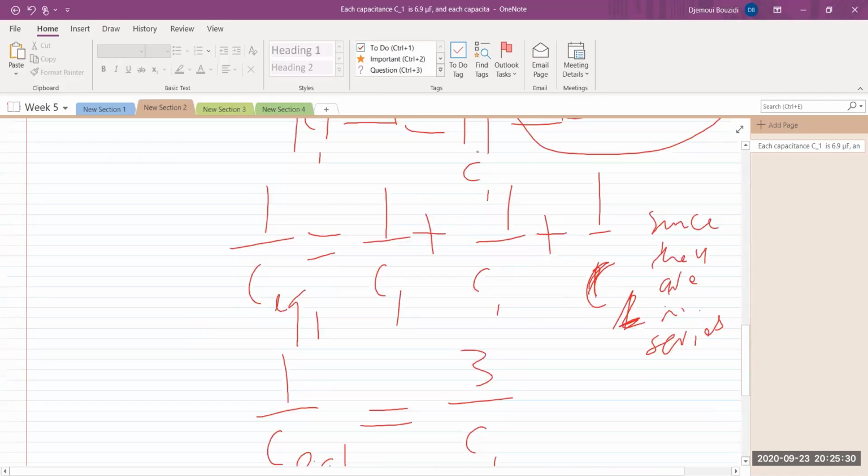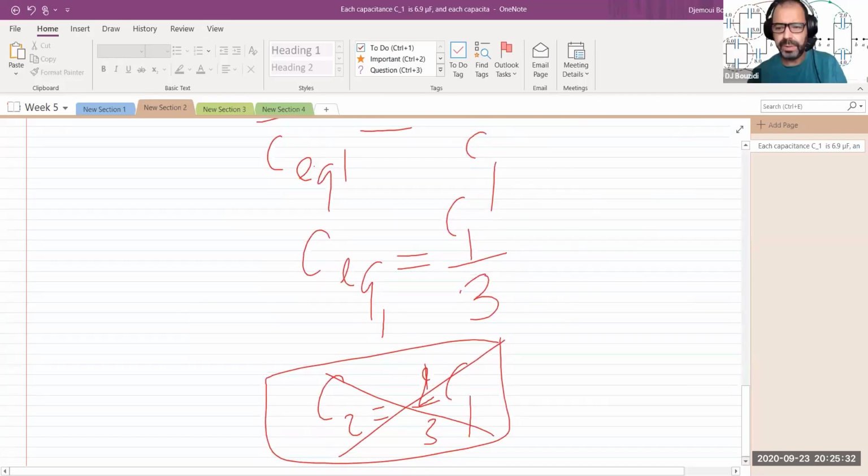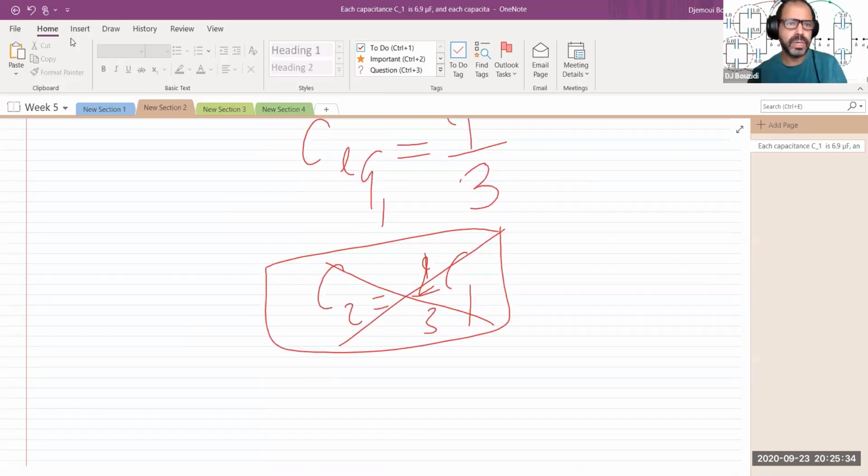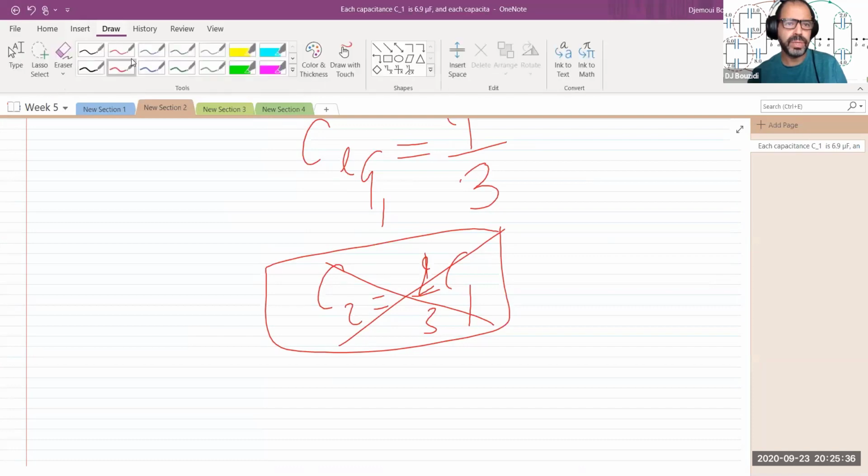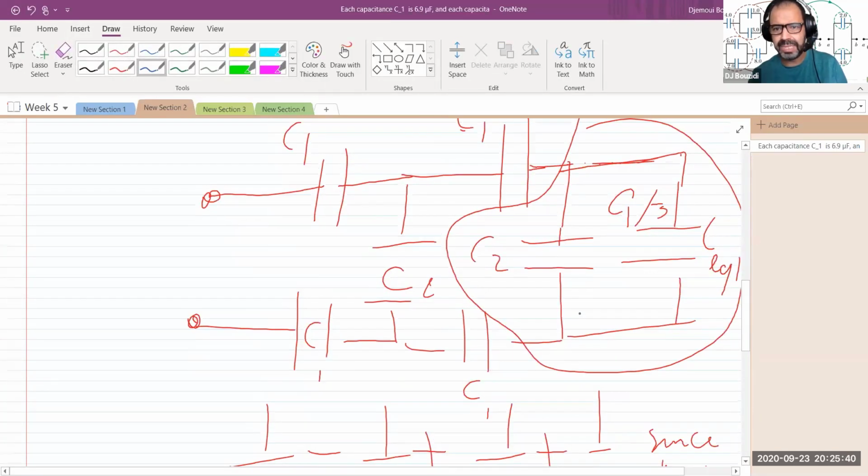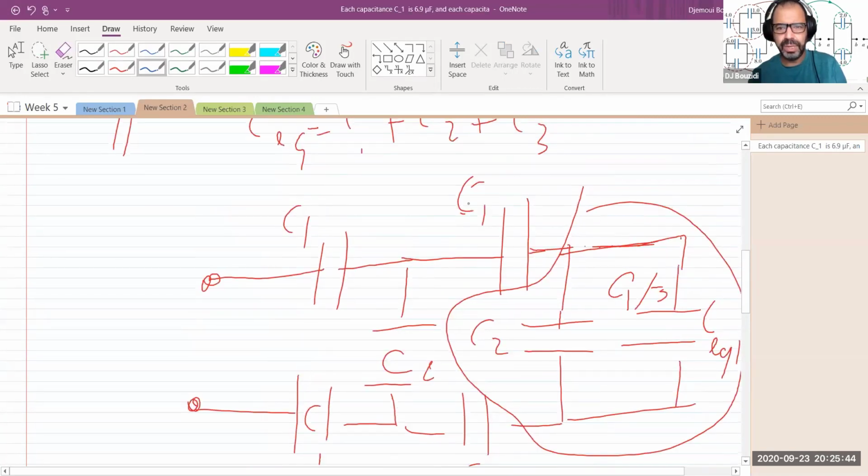So, I'm going to come back to the bottom and try to draw with a different color. This is where we are right now. I'm going to replace this 2 by their equivalent. So I still have C1, C1, C2, and C1 and C1, but the C2 and the C equivalent 1 are going to be C equivalent 2 now.